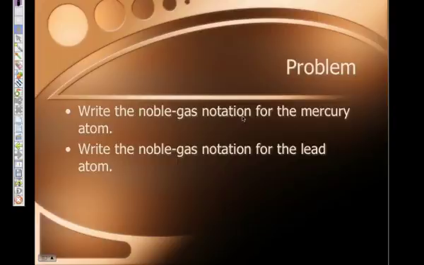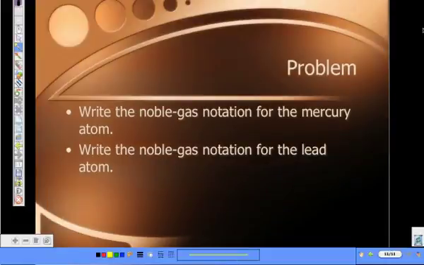Usually when we get down to this area, you're going to be writing noble gas notations. You won't have to write out the whole thing because they get really long. So here, like mercury, write the noble gas notation for mercury. What noble gas comes before mercury? Mercury's number 80. Xenon.